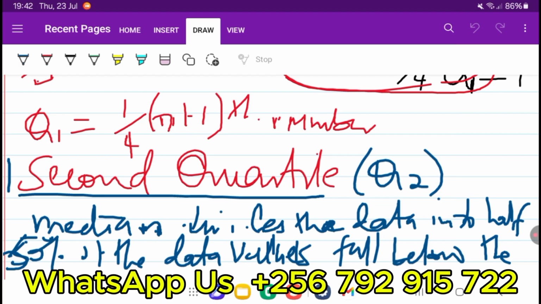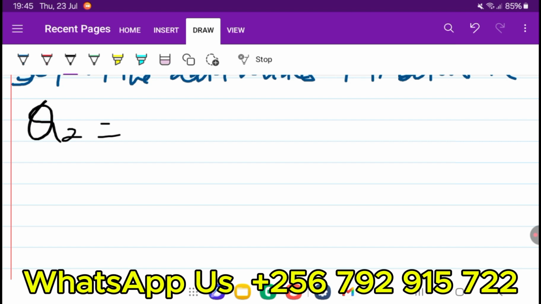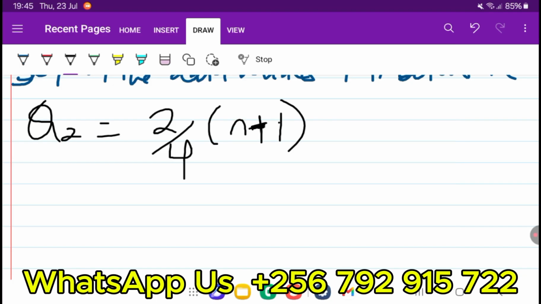But when we are estimating, we can estimate those values that are even more. So the Q2 will be equivalent to 2 out of 4, n plus 1, which is just a half, or 1 over 2 times n plus 1.